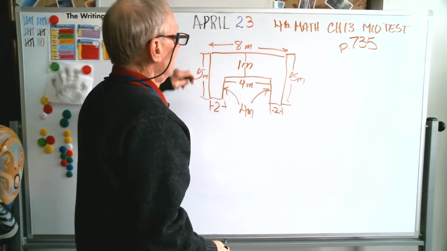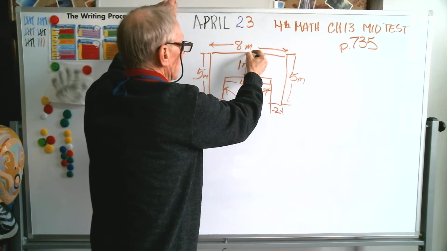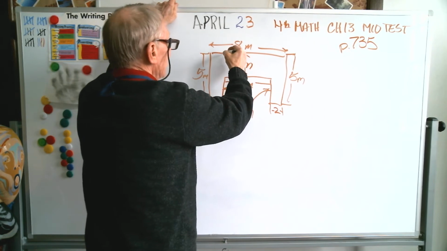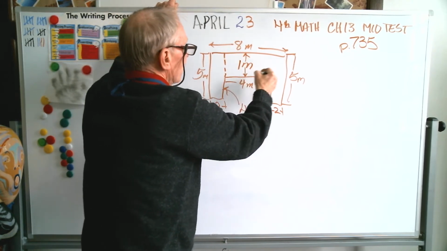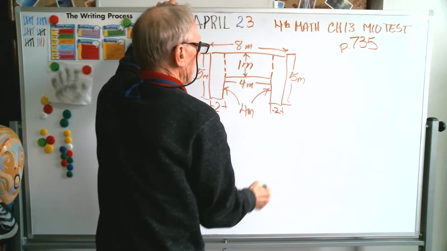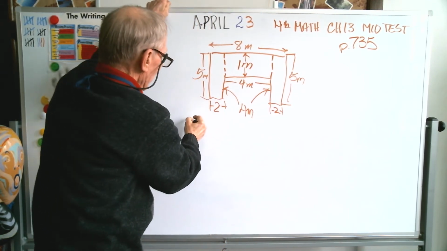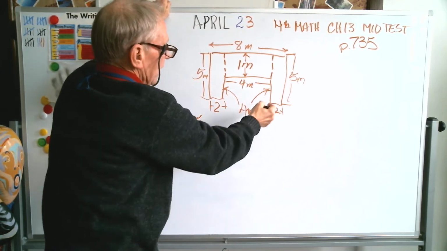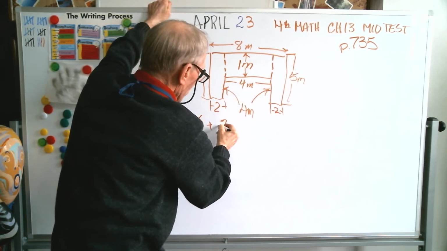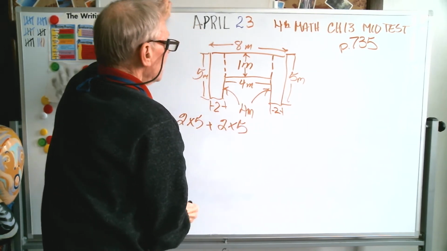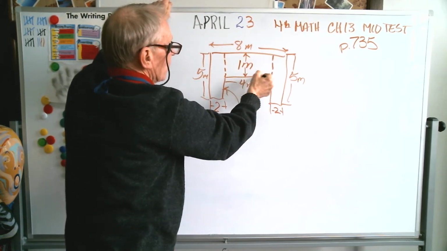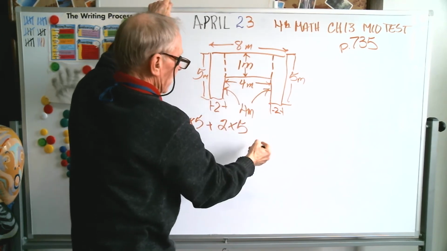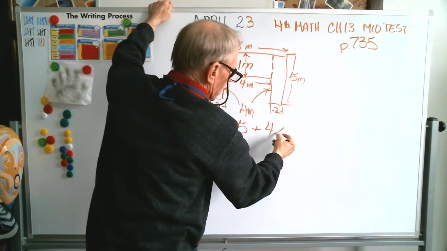And the reason I wanted to find that dimension is if I cut this into 3 rectangles like that, these rectangles here would be 2 times 5, and likewise that one's going to be 2 times 5. But then I got to figure out what this rectangle right here is. Well, we know it's 4 this direction and 1 that way, so it's going to be 4 times 1.